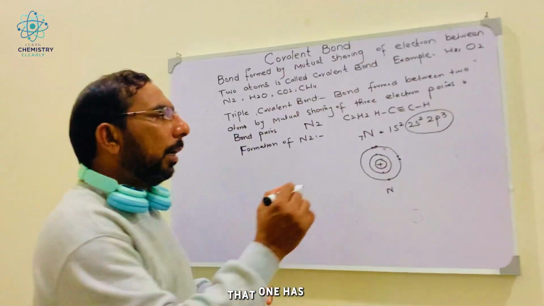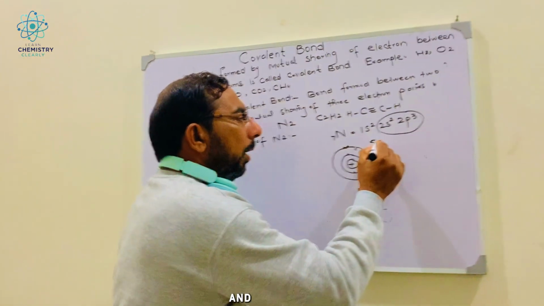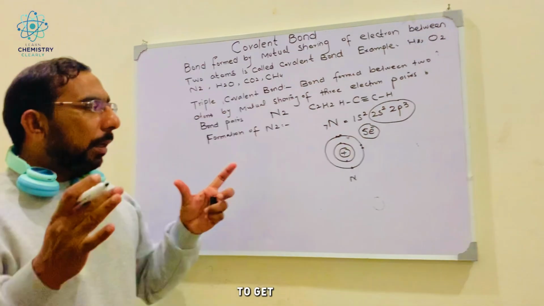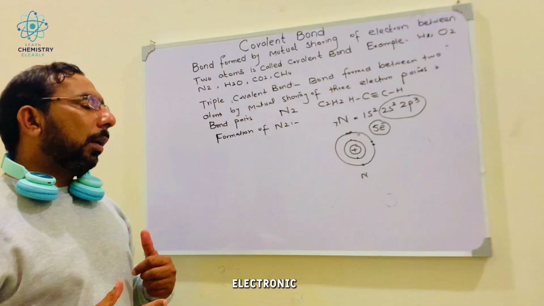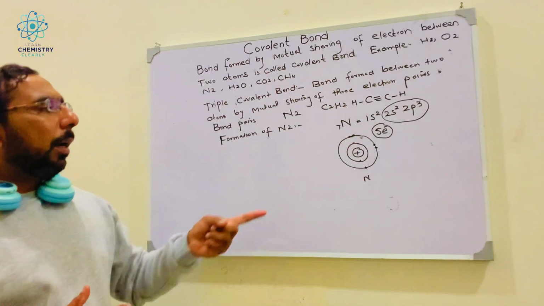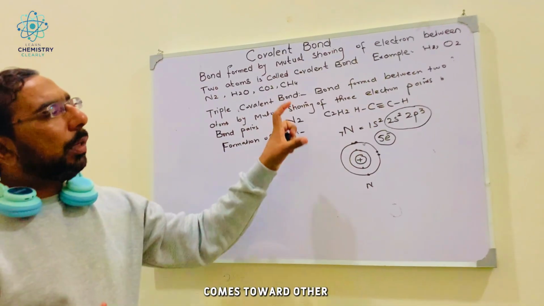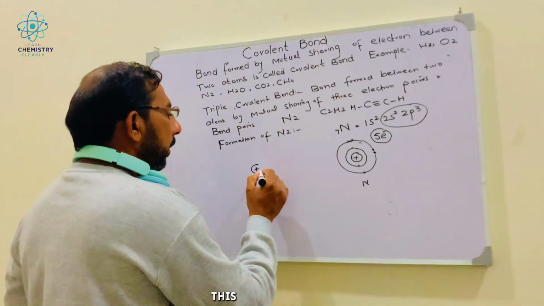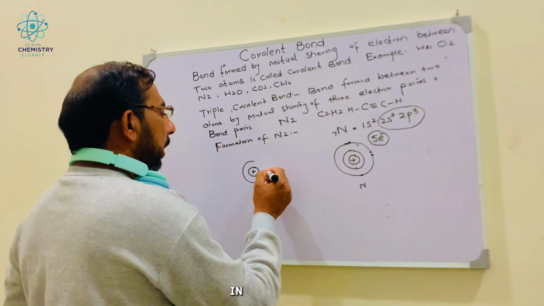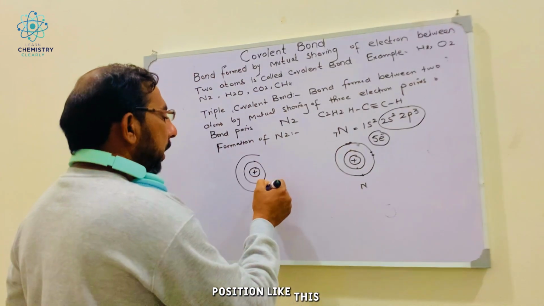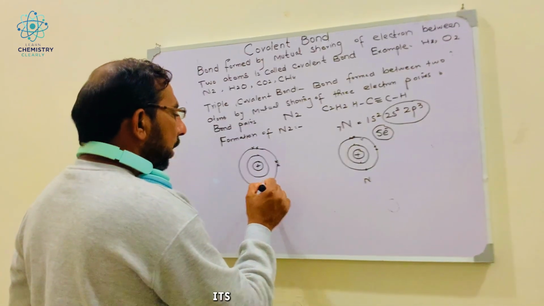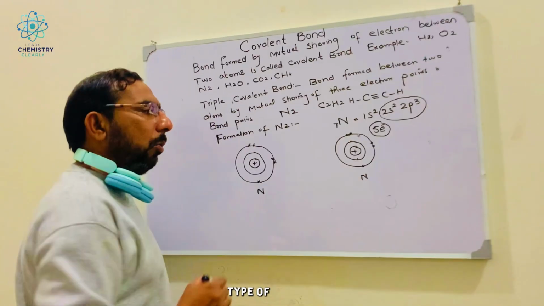You can see that there are present 5 electrons, and it needs 3 electrons to complete the octet to get its nearest electronic configuration of the noble gas. If it comes toward other nitrogen atom, it will also have like this 5 electrons in its outermost shell. This is other nitrogen atom.